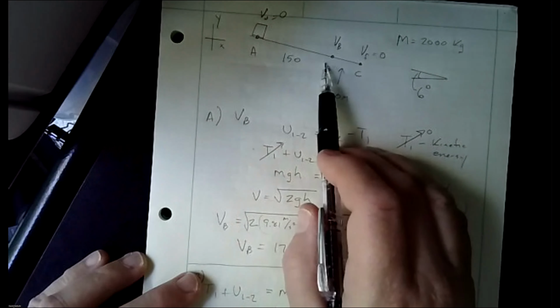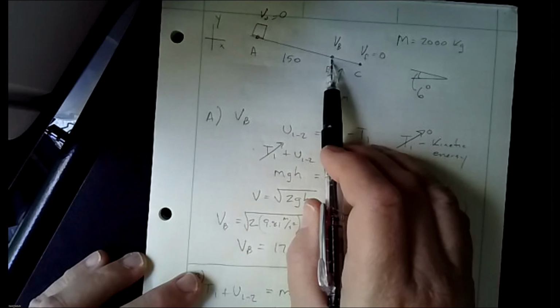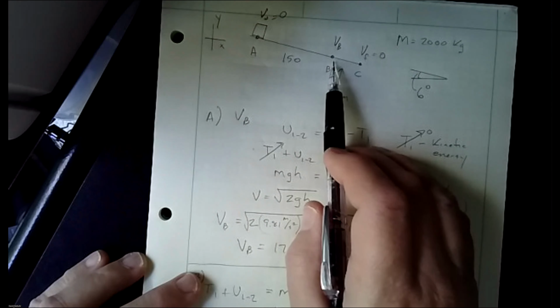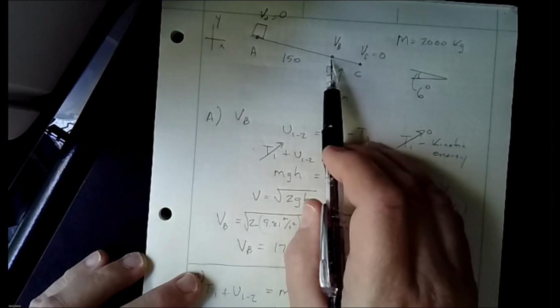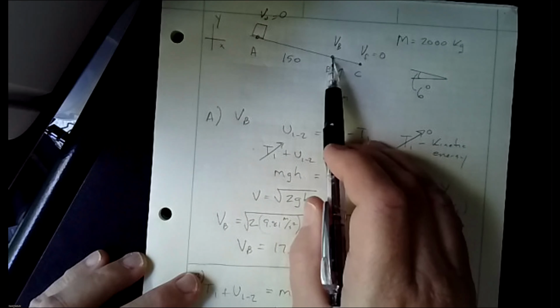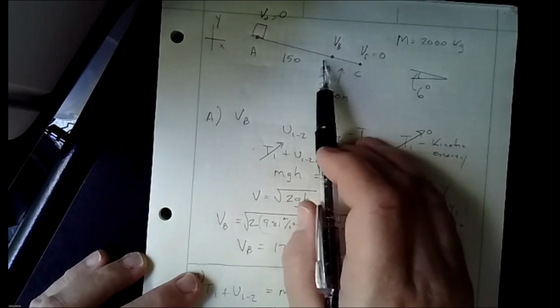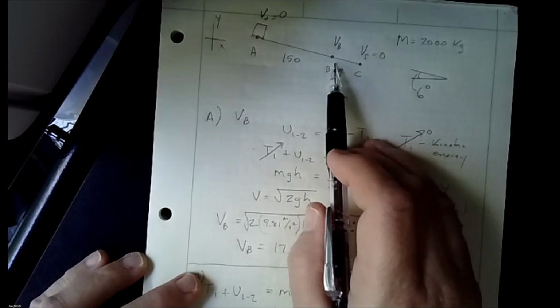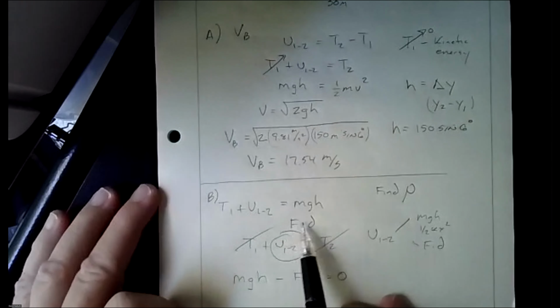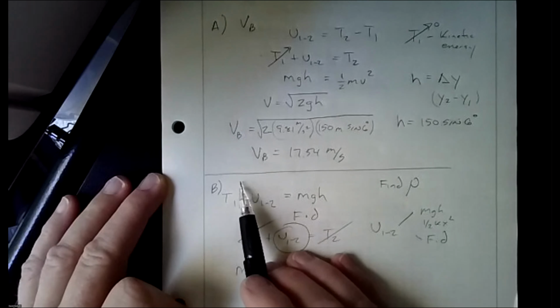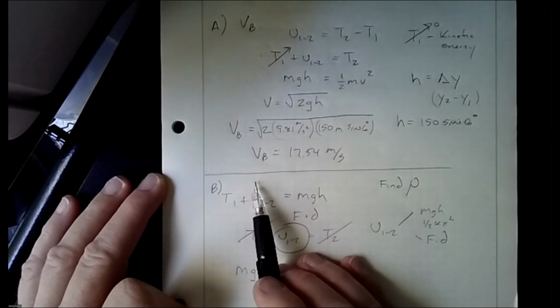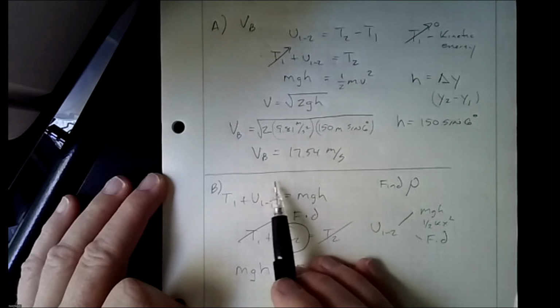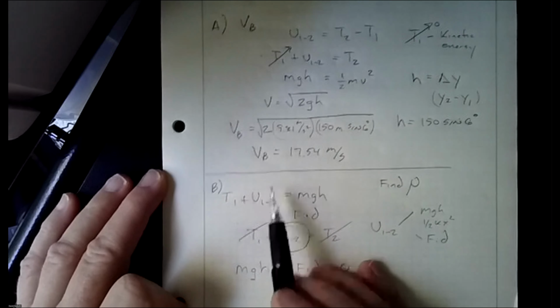If you think that would be easier, convert that to energy and then set that energy to the force times distance. Just remember that if you did it that way, you also have to include this little extra downhill that you had. So it'd be a more complicated problem, because you'd have 1/2 mv squared plus the mgh minus the force times distance.